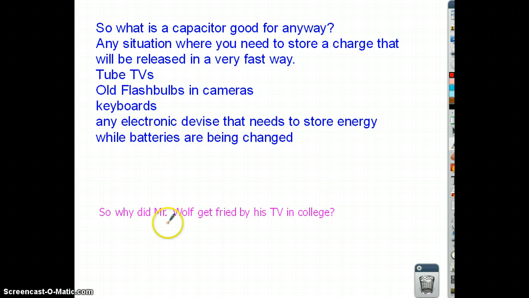So how did I get fried in college? I was trying to fix my TV, and I did not know about the capacitor in there. I unplugged the TV, I pulled it apart, and started messing around in there. Well, I reached in, and I discharged the capacitor through myself. And that TV had a very significant charge. The shock was the worst shock I've ever received in my life. I've been shocked by your standard 110 volt outlet in the house.